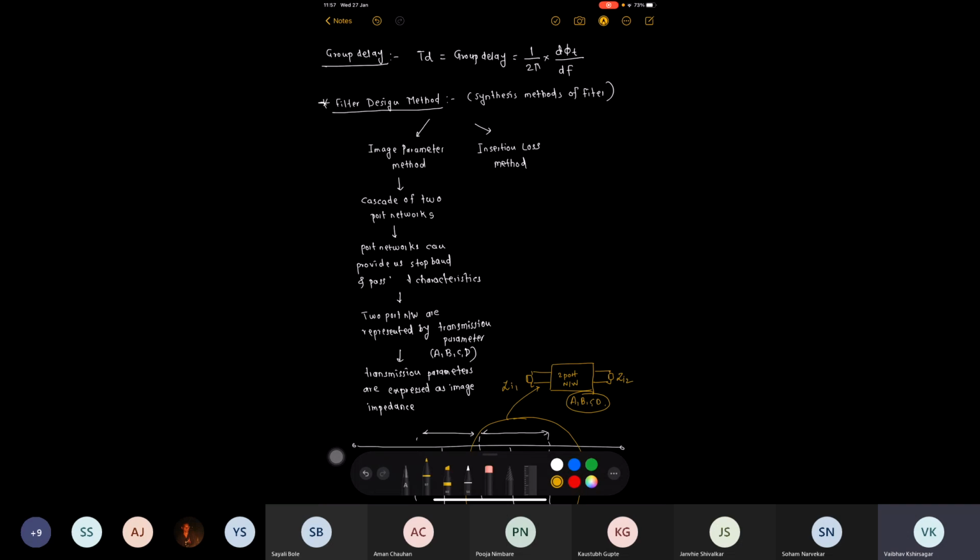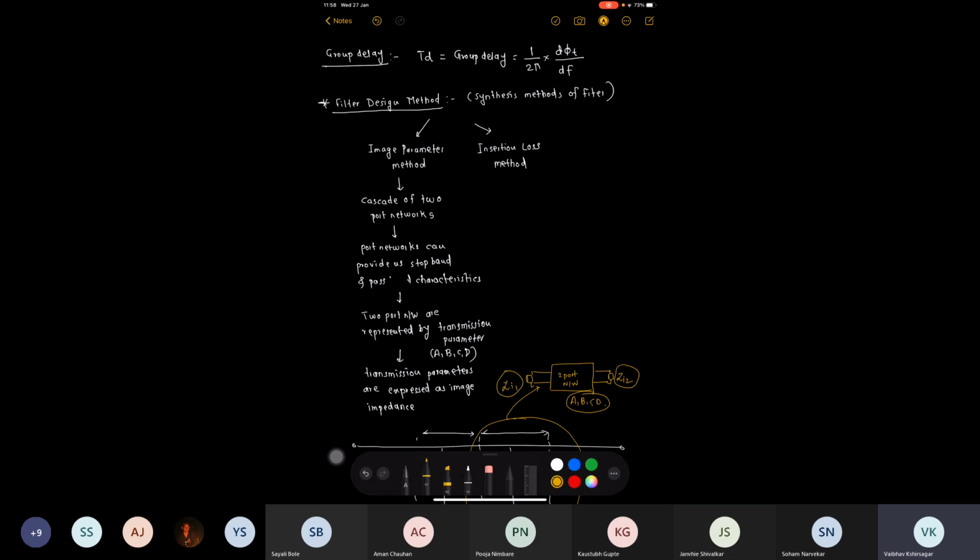The image analysis starts with a calculation of input and output impedances. These input and output impedances I have shown over here as Zi2 and Zi1. These impedances are called image impedances. And then the transfer function of this section of the infinite chain of identical sections is evaluated.